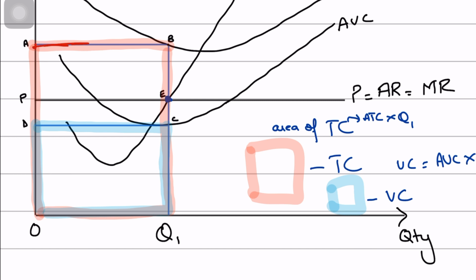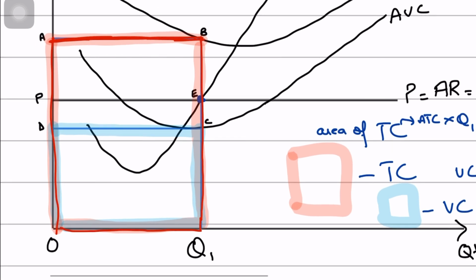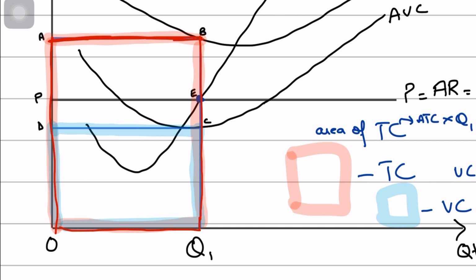If the big box, that is ABQ1O, or let's say ABOQ1, whatever, that doesn't matter, as long as these variables fit in the box. So ABQ1O is representing the total cost.